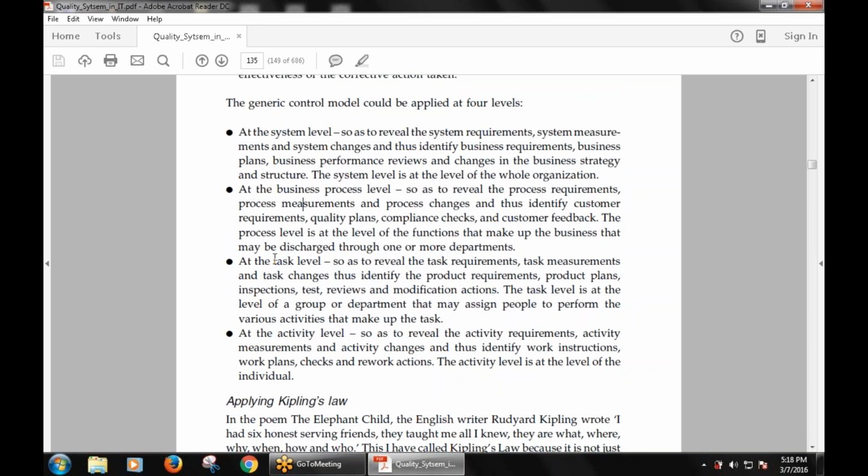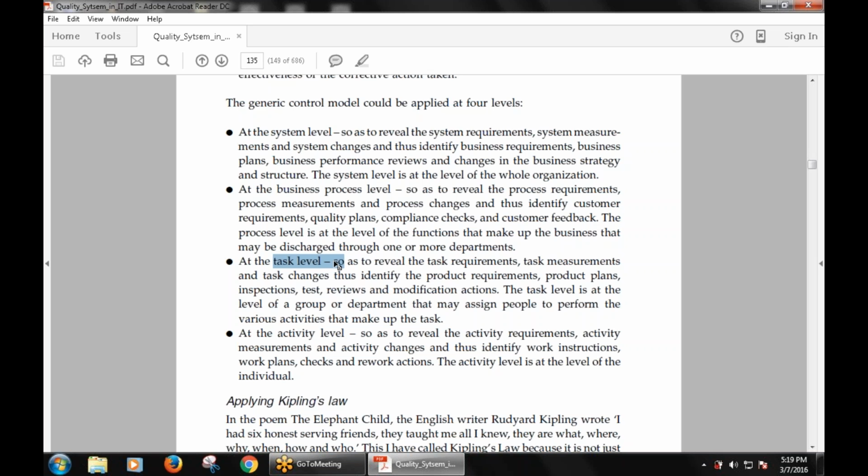Then at the task level, it reveals the task requirements and the targets we can achieve. So first is the system level, then the business process level, then the task level, then the activity level, where it reveals the activity requirements, activity measurements, and activity changes.